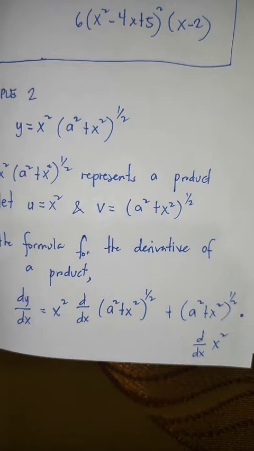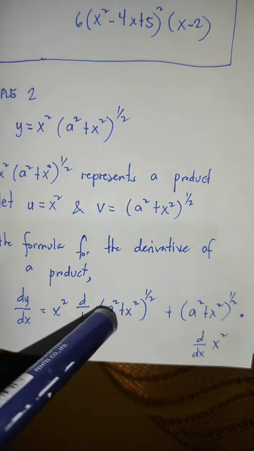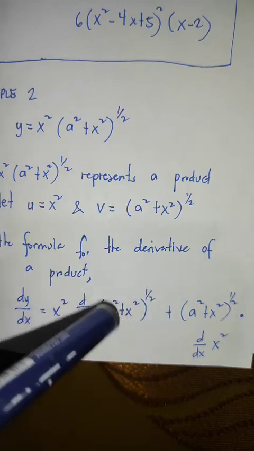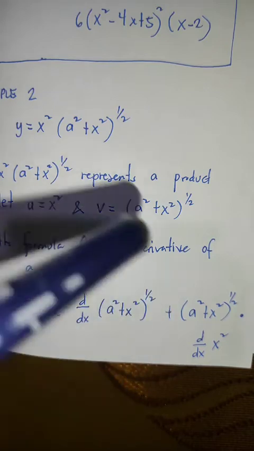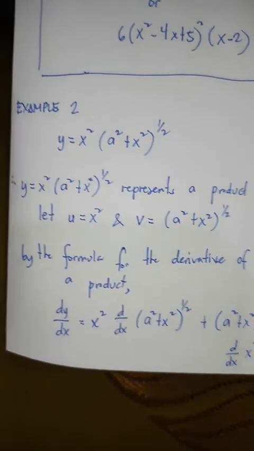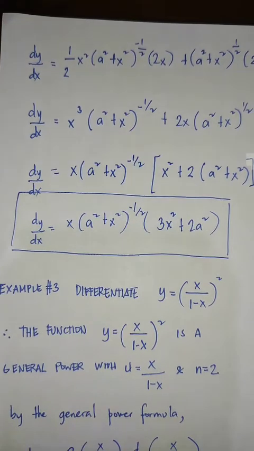So, applying the derivative ng bawat isa. So, mapapansin niyo, this is complex, di ba? Kasi ito, kukunin mo pa yung derivative ng loob, tas derivative ng labas. So, parang twice ka magdi-differentiate pa. So, going further, kinuha natin yung derivative ng labas, and then derivative ng loob.